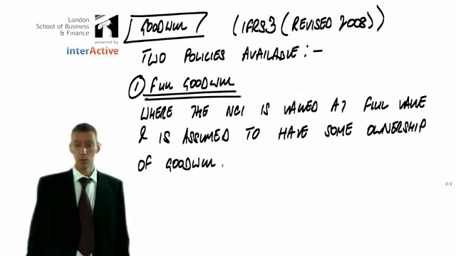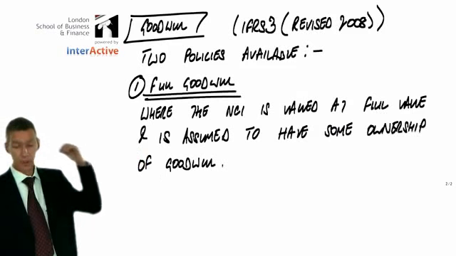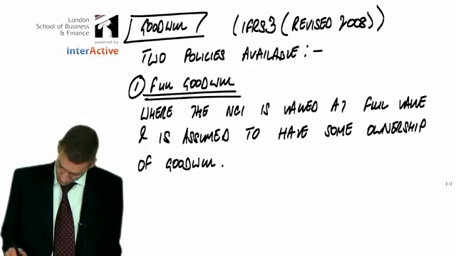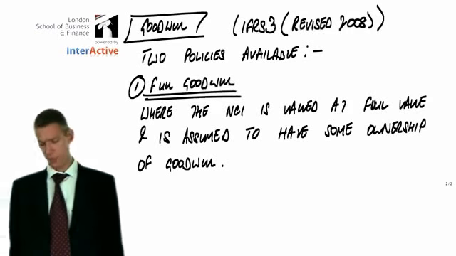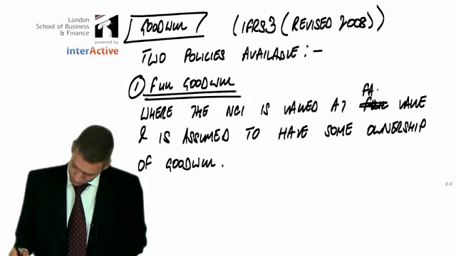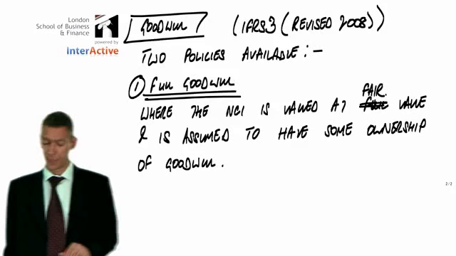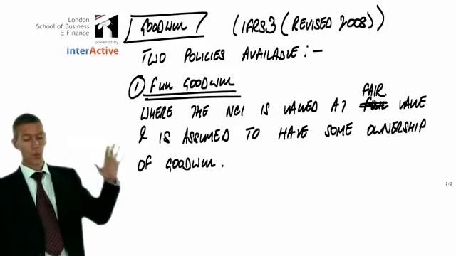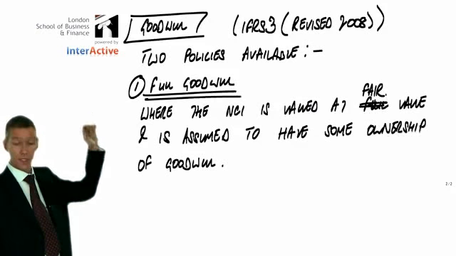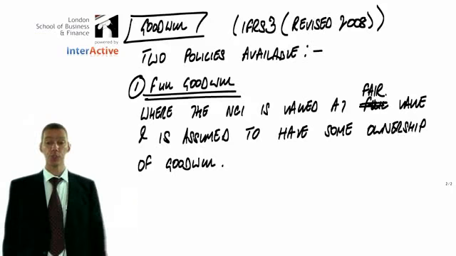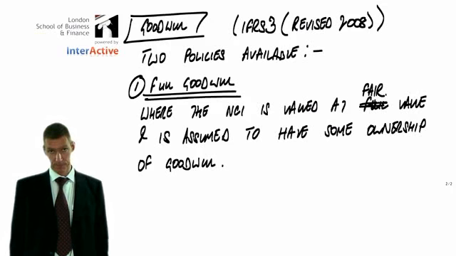Full goodwill, where the NCI is valued at full value. That doesn't look like a U, does it? Full value? I don't mean full value, I mean fair value. My apologies. Maybe I said that out loud, but I didn't write it down. Full goodwill is where the NCI is valued at fair value and is assumed to have some ownership of goodwill.